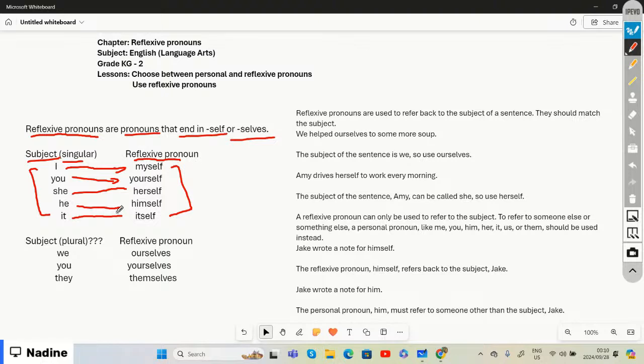And if we look at the plural subject and the reflexive pronoun, remember, we said that our reflexive pronoun needs to refer back to the plural subject. So if we make mention of we, it needs to refer back to ourselves. You, yourselves, they, themselves. That is reflexive pronouns.